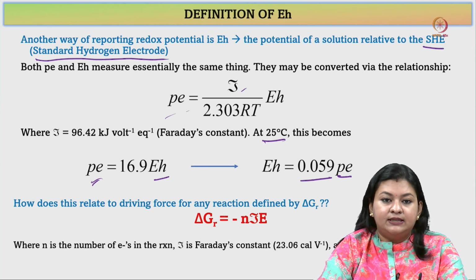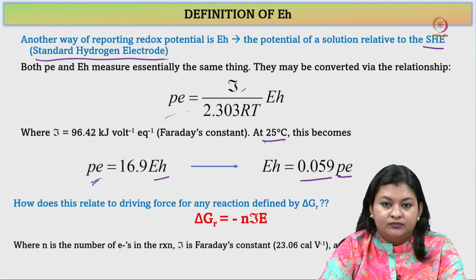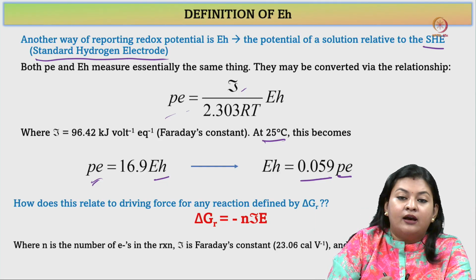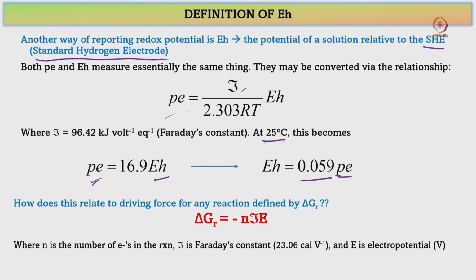Now, how does this reaction relate to the driving force, that is the free energy, the delta G? The delta Gr, that is the free energy of the reaction, is equal to minus nFE, where n is the number of electrons being exchanged, F is again the Faraday constant, and E is the electropotential measured of that reaction.